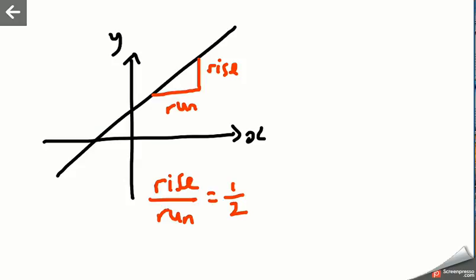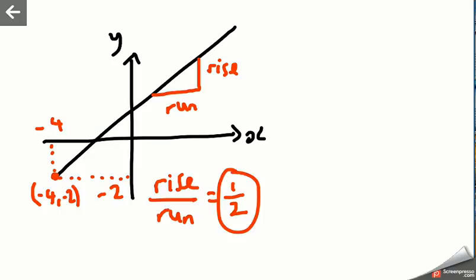And I tell you also that the line goes through the point, say, -4, -2. So I know that my line goes through the point -4, -2, and it has a rise over run, or gradient, of 1/2.